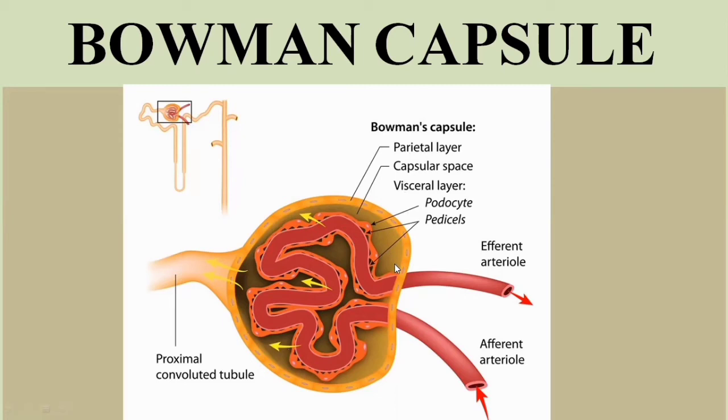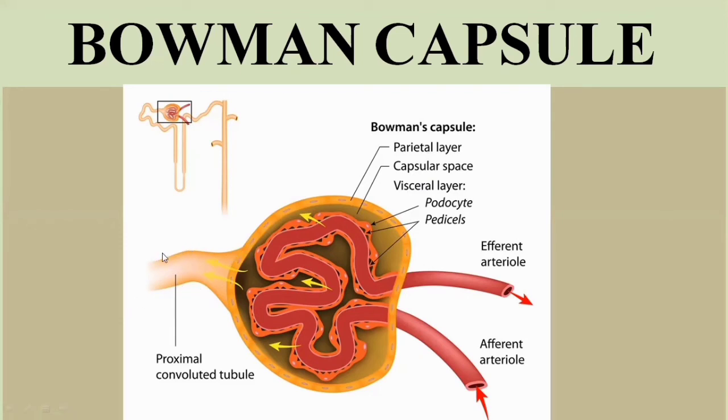This parietal layer originates from the visceral layer. This is the visceral pole, the point where the visceral layer ends, and from the visceral pole the parietal layer originates. So the parietal layer basically originates from the visceral layer. When the visceral layer ends, the parietal layer originates from there. Then it extends and forms the other part of the nephron.